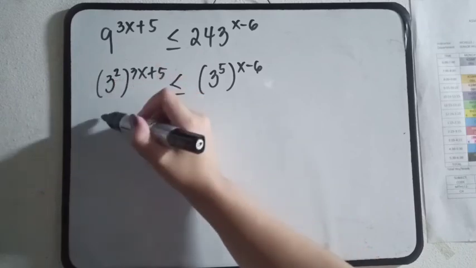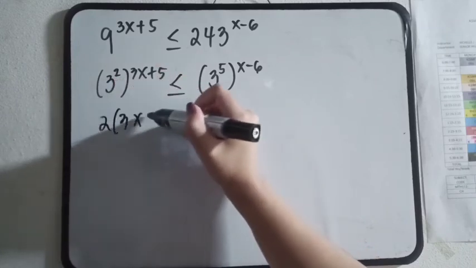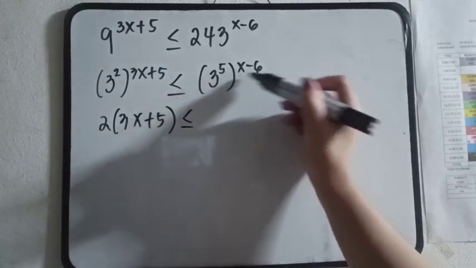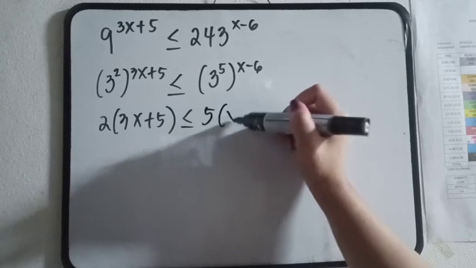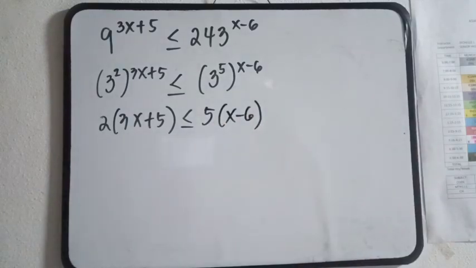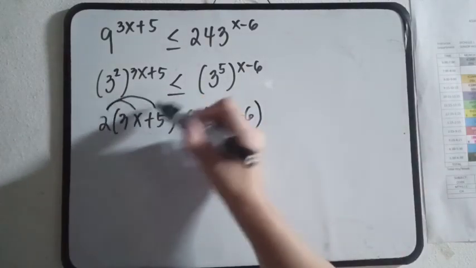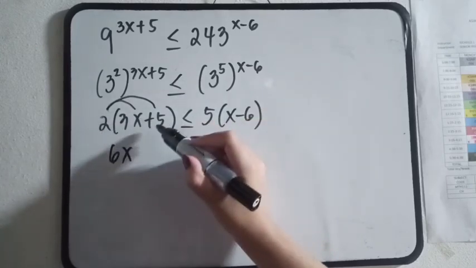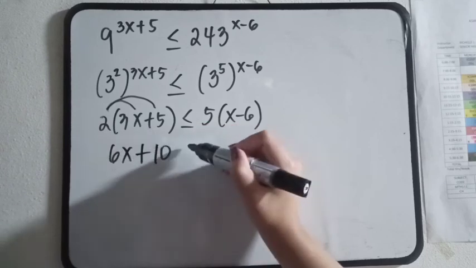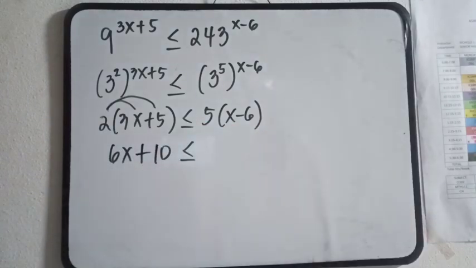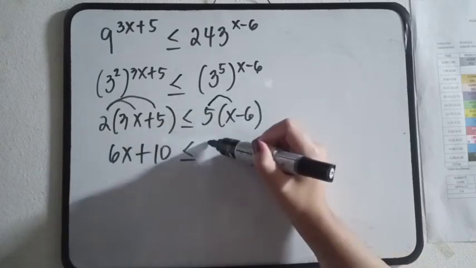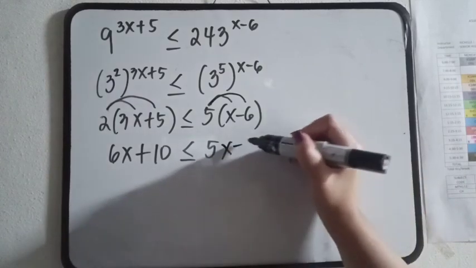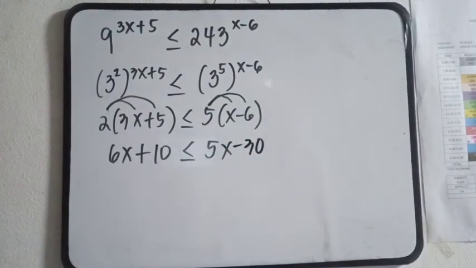So dito, si 2 multiply kay 3x plus 5 is greater than or equal to, so dito naman 5 multiply kay x minus 6. Then distribute muna. So 2 times 3x is 6x. 2 times 5 is 10. Less than or equal to 5 times x is 5x. 5 times negative 6 is negative 30.